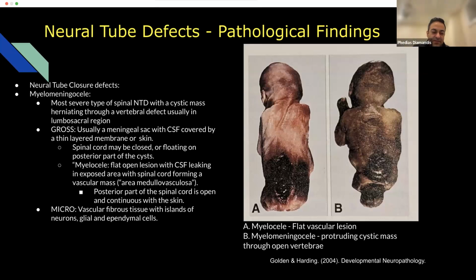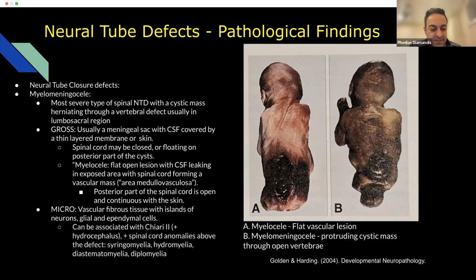Again, microscopically, vascular fibrous tissue with islands of neurons, glia, and ependymal cells can be associated with Chiari II, which is basically hydrocephalus, herniation of the cerebellar tonsils through the foramen magnum. And it's thought to be due to cord tethering or pulling of the spinal cord down from this kind of immobilized lesion in the lower part of the spine.